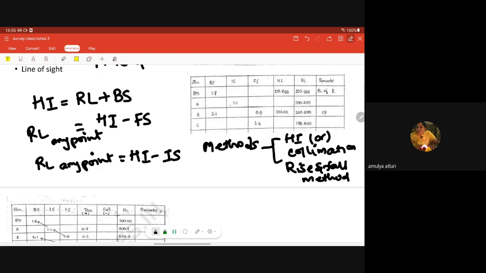Got it? These are the two methods of reduction of levels. The HI method is not suitable for intermediate sights because there is no check for it. Got it? HI method is not suitable for intermediate sights.